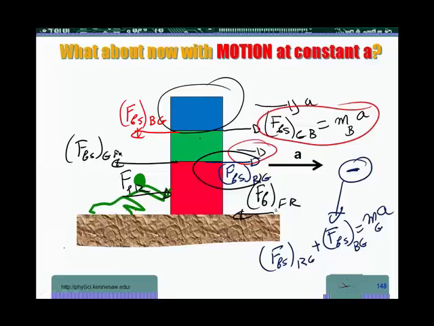Now, what's balanced for the red? We have on the positive direction the push, and then we have on the negative direction the static friction due to the green, plus the kinetic friction due to the floor, and those should be equal to the mass of the red times a.